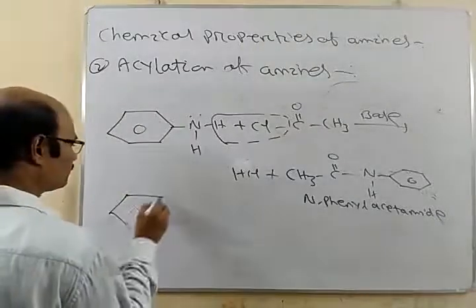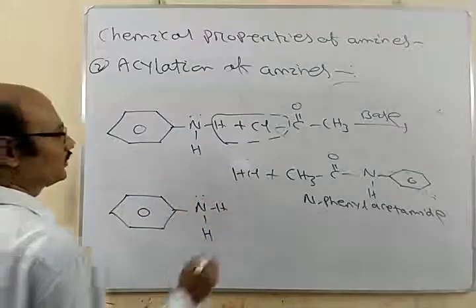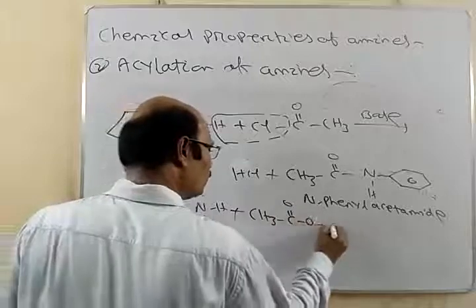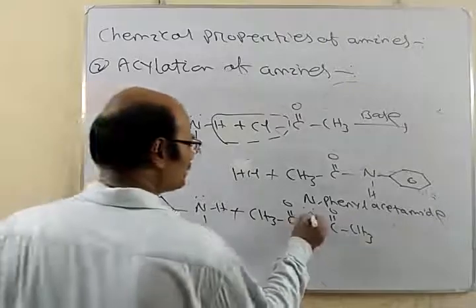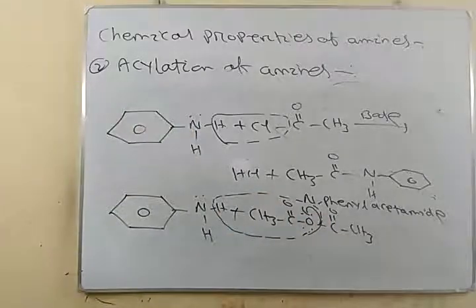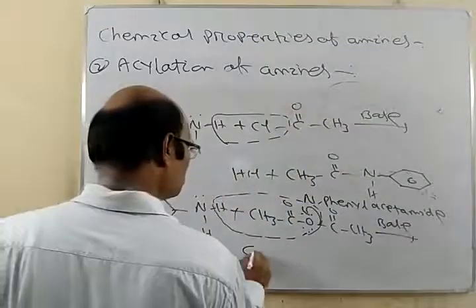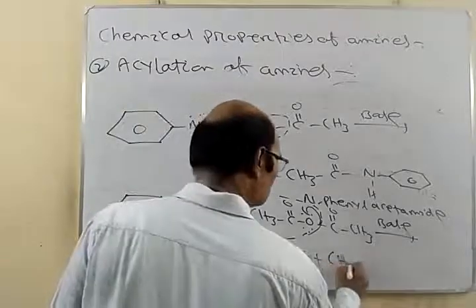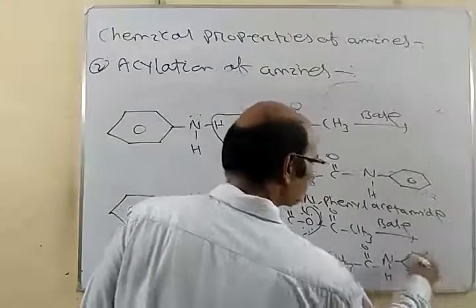Now if I take aniline plus CH3, C double O, O, C double O, CH3, we get CH3COO minus and H plus, which gives CH3COOH. With base, we get CH3COOH plus CH3, C double O, NH, C6H5.